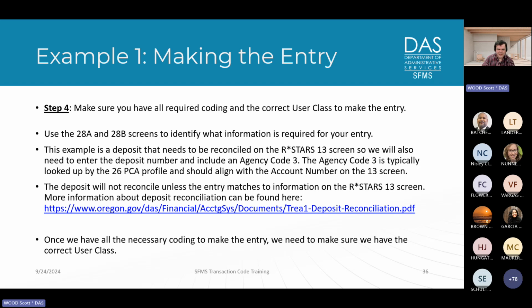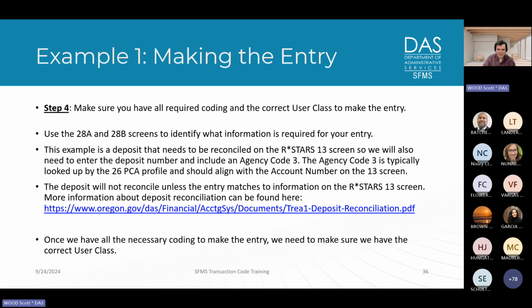The agency code 3 is typically looked up by the 26 XPCA profile and should align with the account number on the 13 screen. It will not reconcile unless the deposit entry matches the information on the 13 screen. You can find more information in the deposit reconciliation document provided by Treasury.